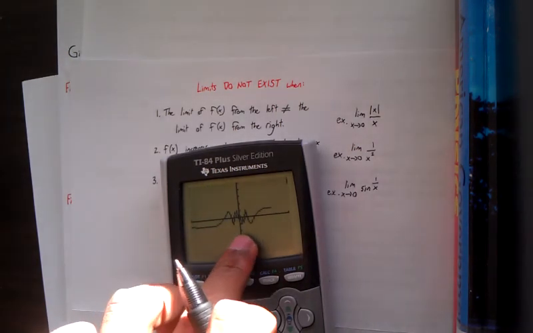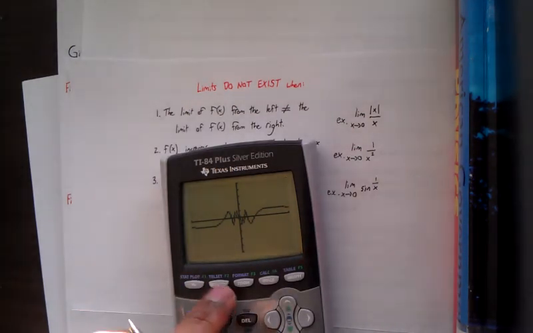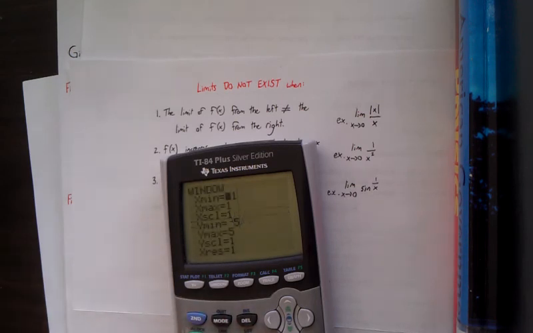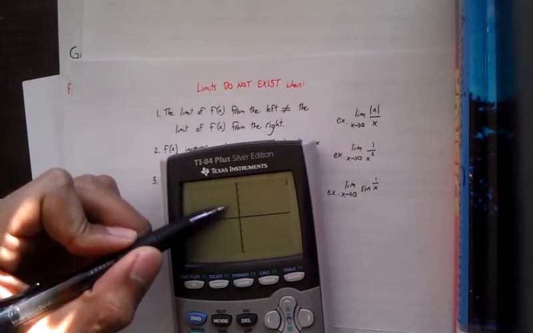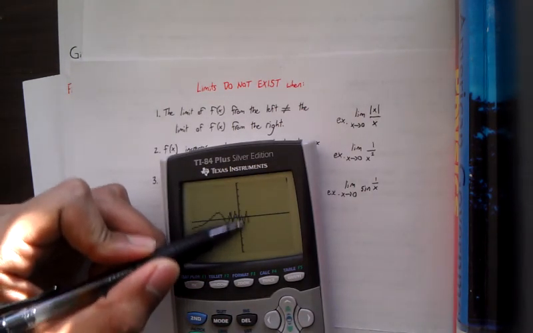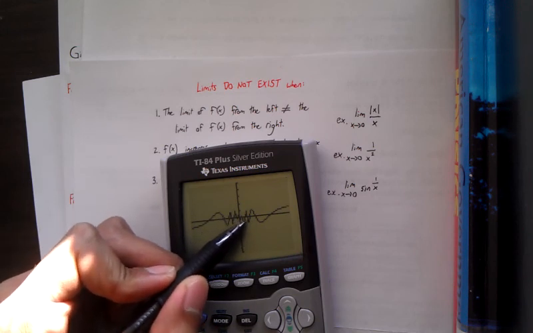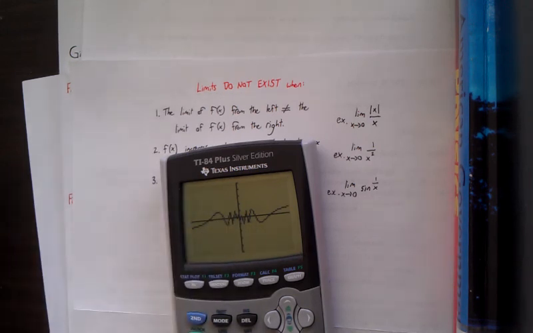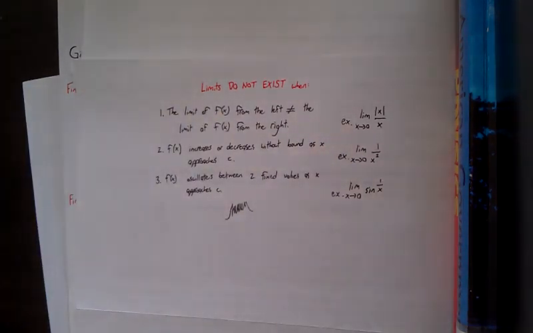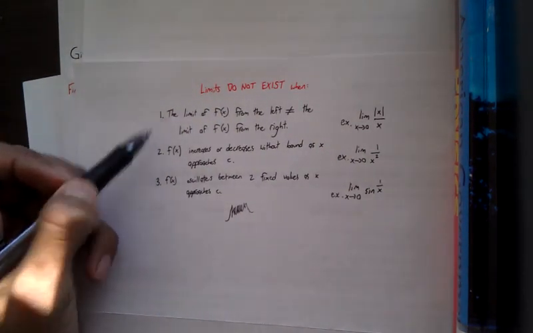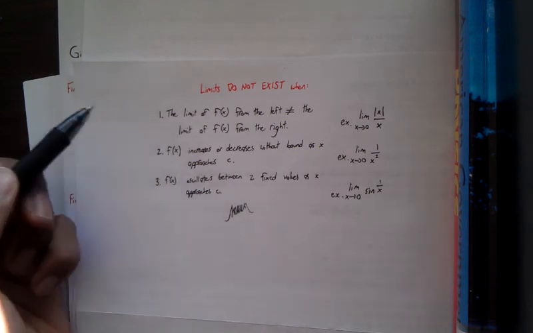You can see that the graph really starts to jump around a bunch. Because it does that, that's what oscillating is. It's just going to keep jumping up and down, and you're not really going to be able to get a limit from that. So there are the three times when the limit will not exist.